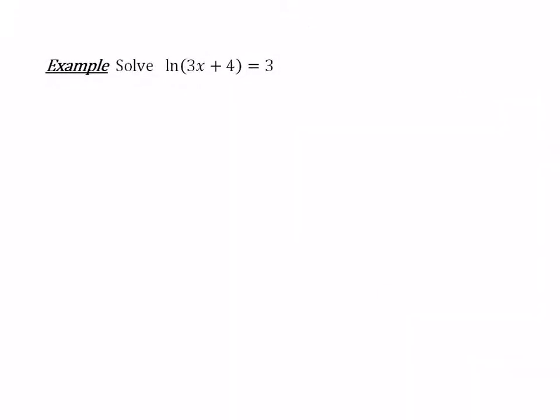Last one, here we have ln. ln is a natural log. This is a natural log. And the natural logarithm, I should say, has a base e. This is the natural number e.